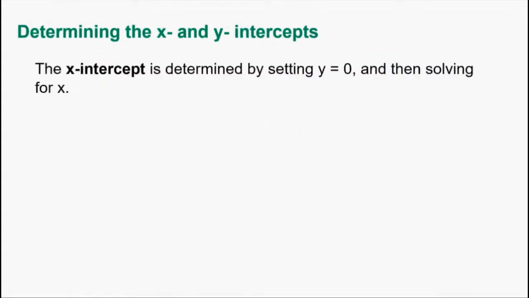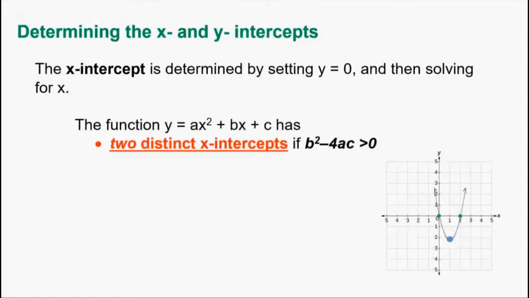The x-intercept is determined by setting y is equal to 0 and then solving for x. The function y is equal to ax squared plus bx plus c has two distinct x-intercepts if b squared minus 4ac is greater than 0 o kapag ang discriminant natin ay positive.